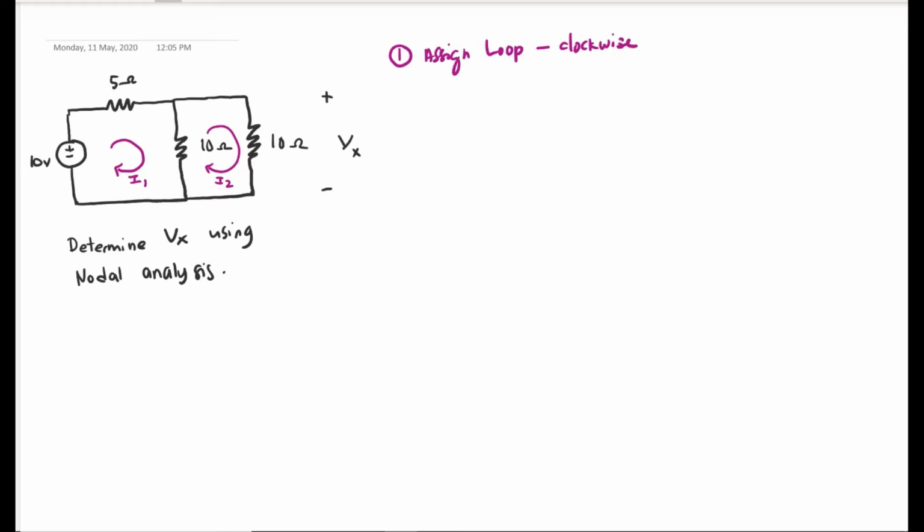And for the second step, which is decide the number of equations. How many equations?